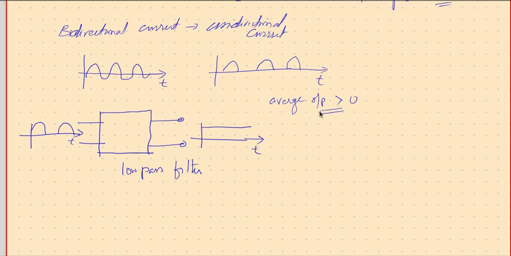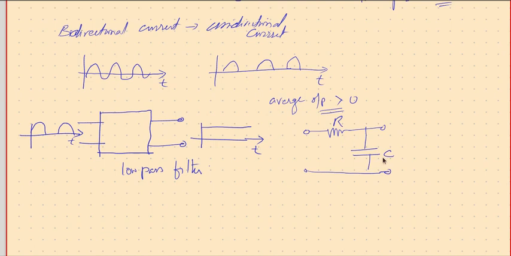When you say average, it means the part which doesn't change with time, and it's what we are interested in. If we want that to come out, then we need a low pass filter. A low pass filter, as we discussed earlier, is a series resistor and a shunt capacitor.